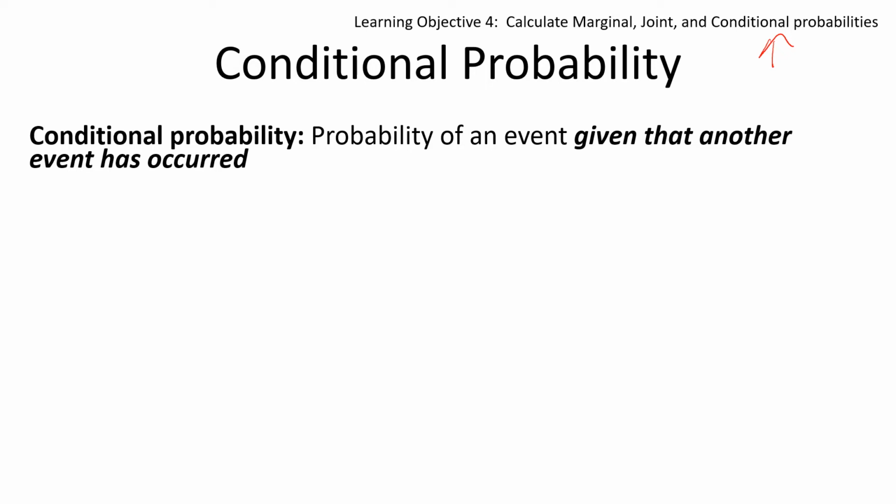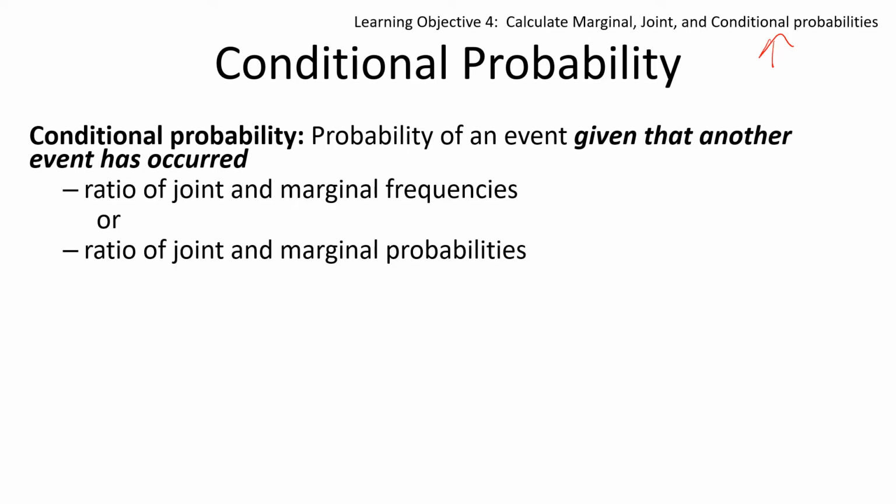Next, we're going to look at conditional probability, which is the probability of an event given that another event has occurred, or given that another event is occurring, that type of thing. Instead of being straight up, it's now going to be a ratio of joint and marginal probabilities, or a ratio of joint and marginal frequencies as well. You can calculate it either way to get the same thing.